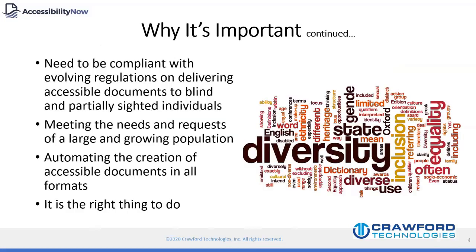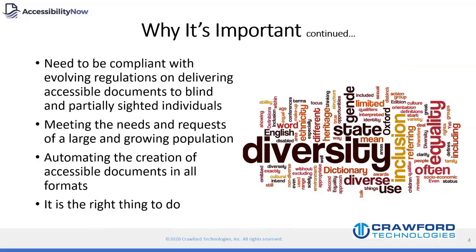So let's take a look at this from another standpoint. Yes, this is important because there are millions of people who require their documents to be delivered in an accessible format. And in order for them to be able to get access to the information that is really their right to receive, they still require these accessible formats. But what if that's not enough?